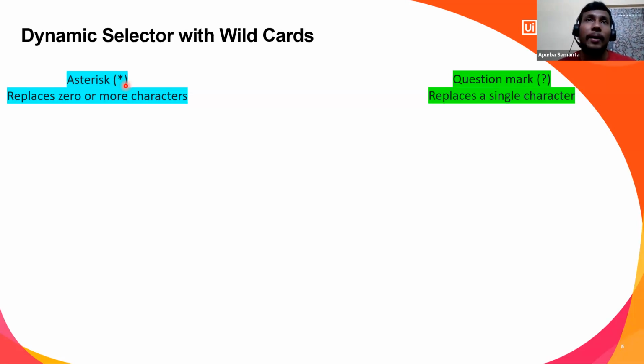Sometimes it's a star, sometimes not a star, because star is also there in the asterisk. Sometimes it's some special symbol, or something different, say sometimes it is the hash and sometimes it's the at sign. If only one particular character varies, then you need to go with the question mark, because you need to replace only one single character. Got it? This is the second type of dynamic selector wildcard. Is it clear?